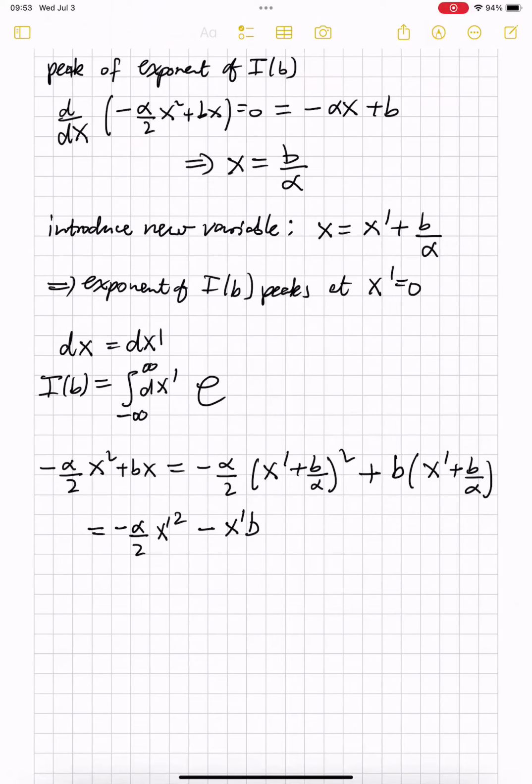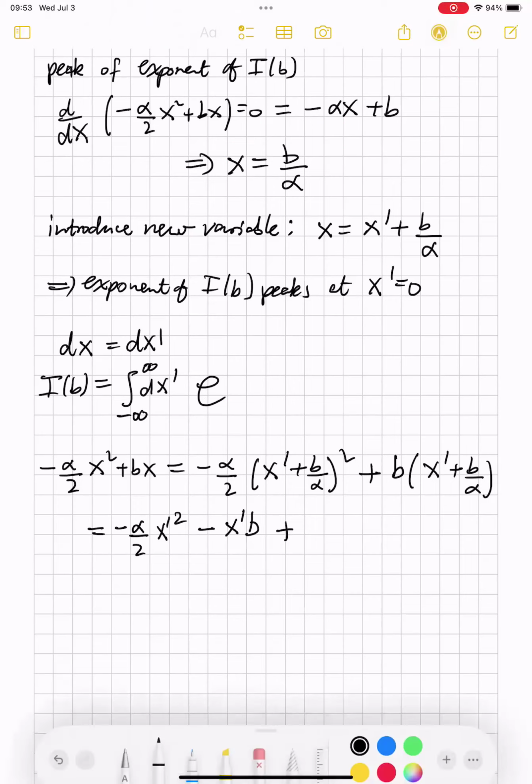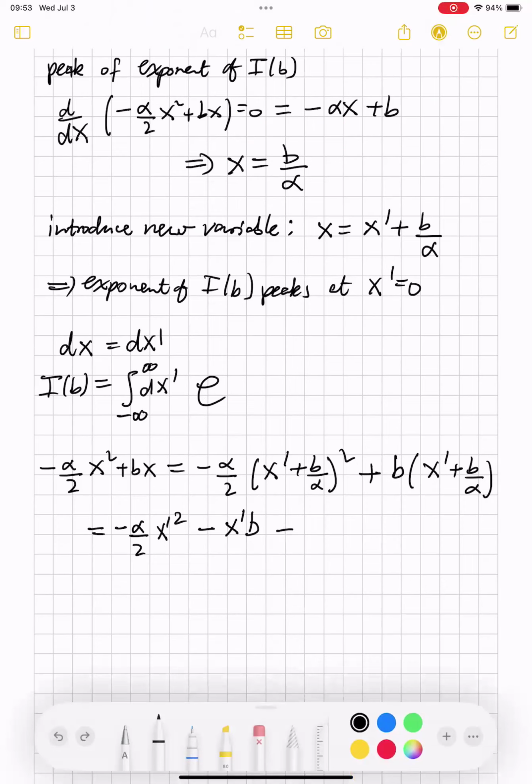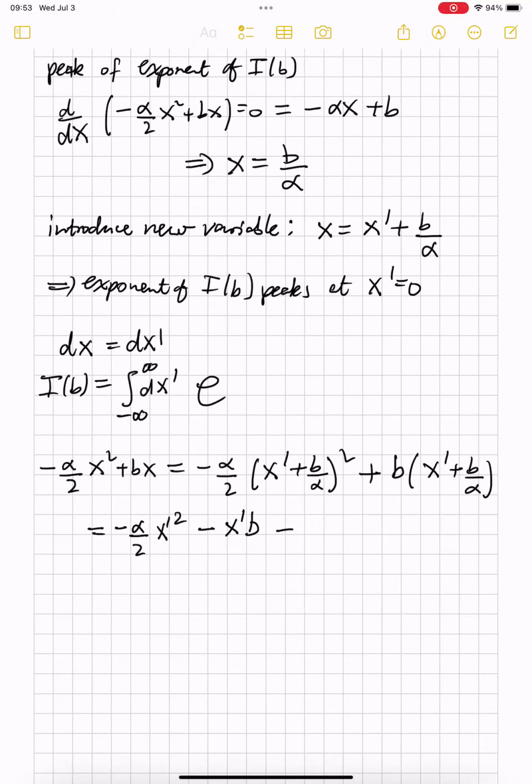So the 2 will cancel with the 2. And then finally, we've got the last term, which would have given us b squared over alpha squared. Oh, and this shouldn't be a plus. It should be a minus. They're all negative. Good. So we'll have b squared. Then it would have been over alpha squared, but that cancels with the alpha up front. So we'll just get over alpha. And there's a 2 because we've got 1 over 2 multiplying it.